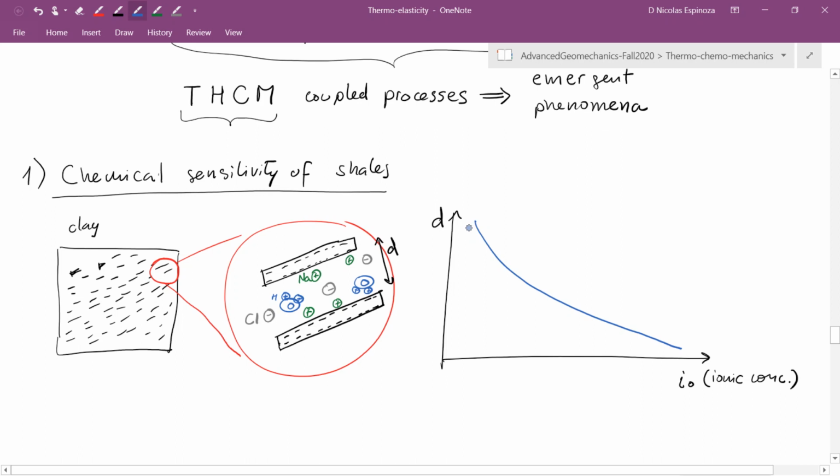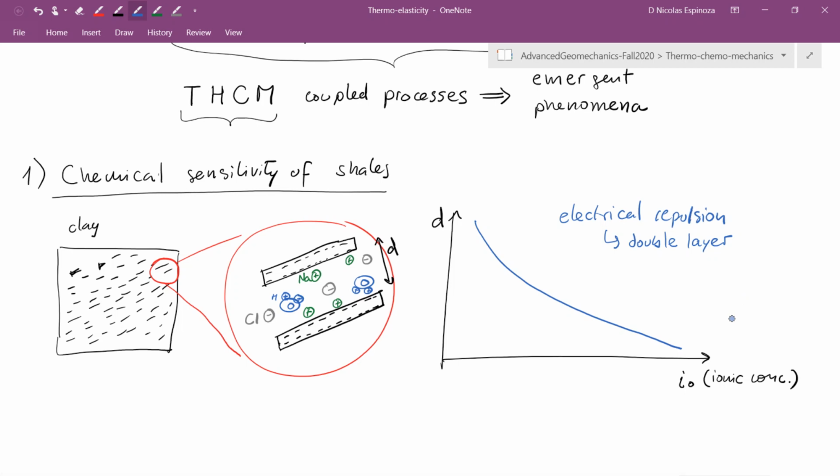This is due to electrical repulsion between the atoms that make up the clays and those distributed in the brine solution. And sometimes this is also known, especially for relatively low ionic concentrations, as the double layer theory.